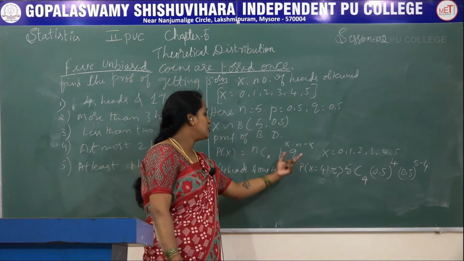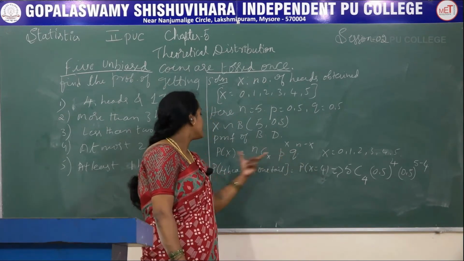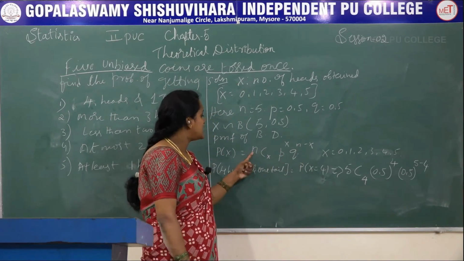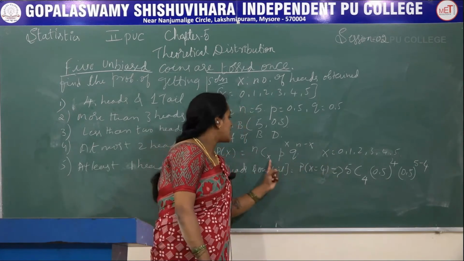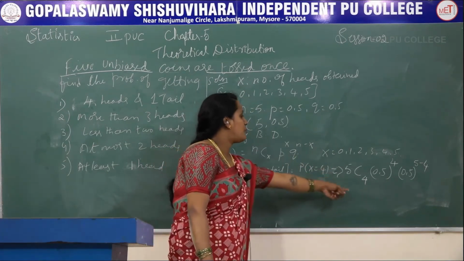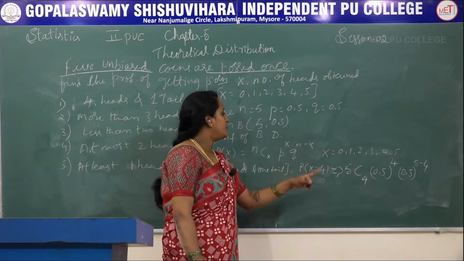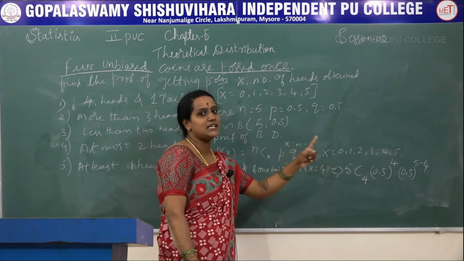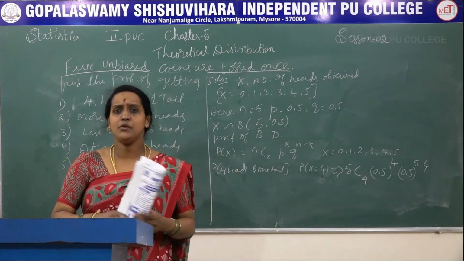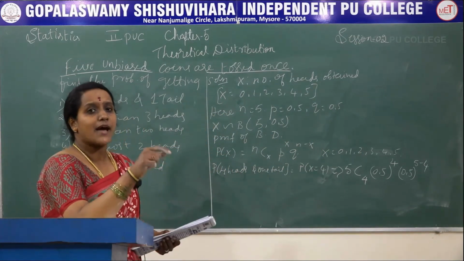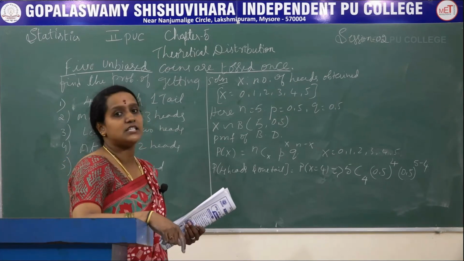Substitute the values n, x, p, q in the PMF: n is 5, C, x equals 4, p is 0.5 and x is 4, q is 0.5, n minus x, that is 5 minus 4.